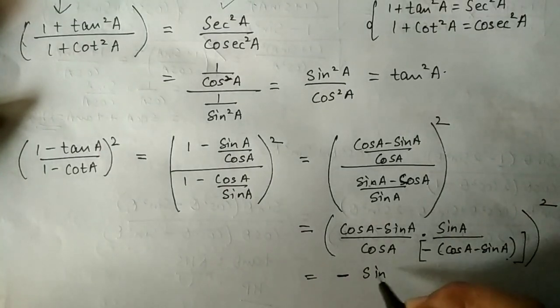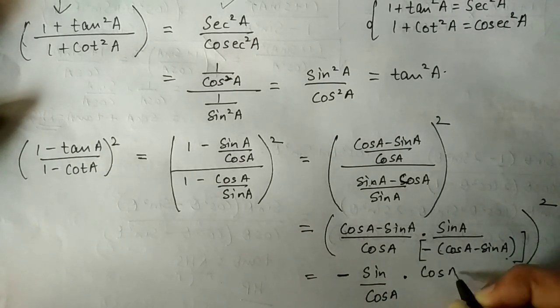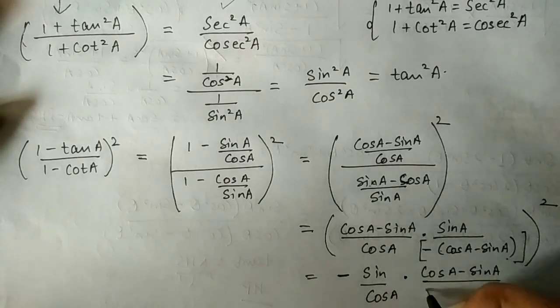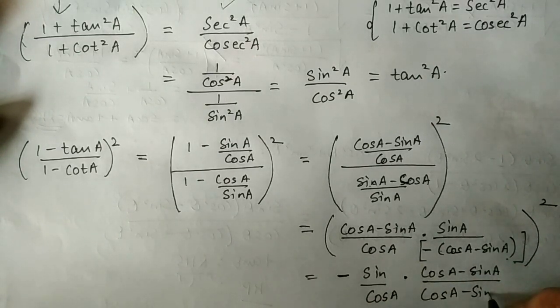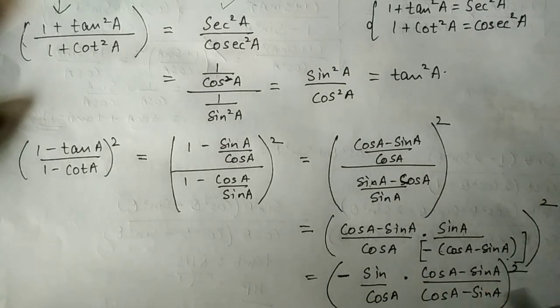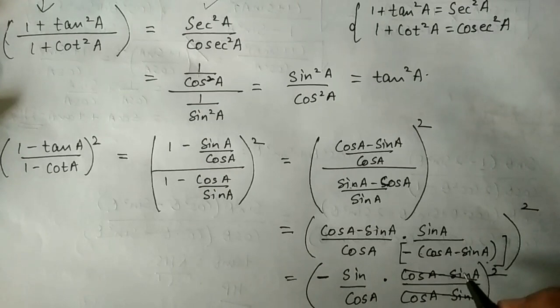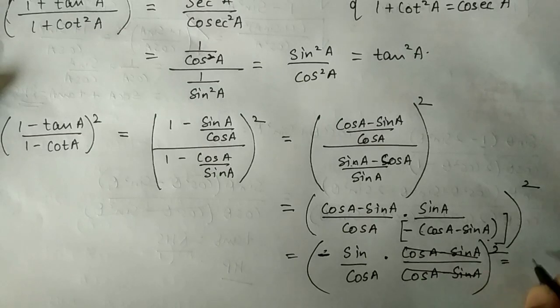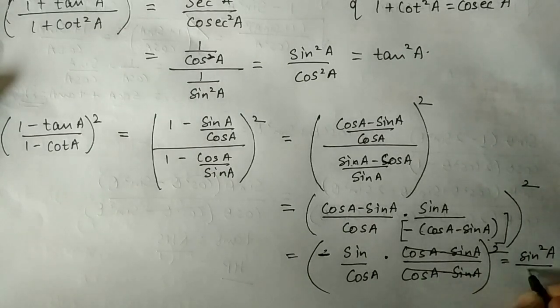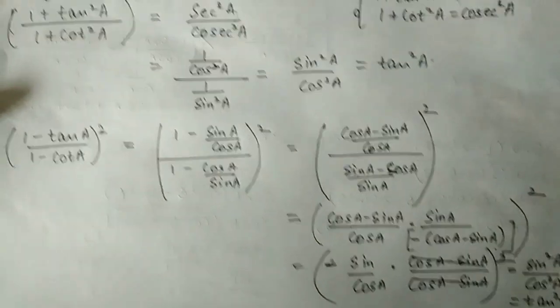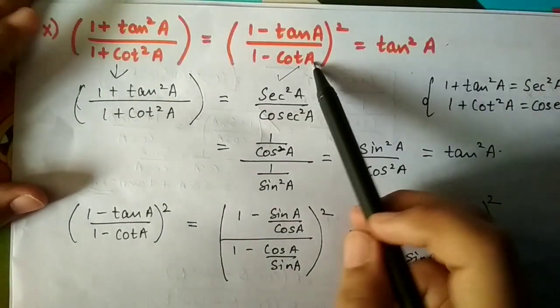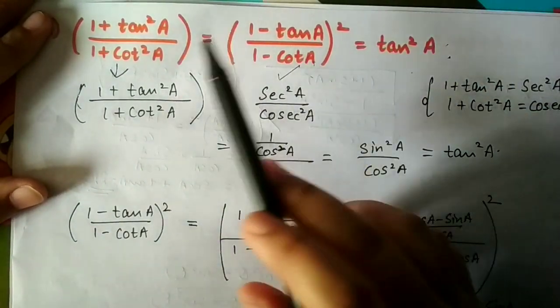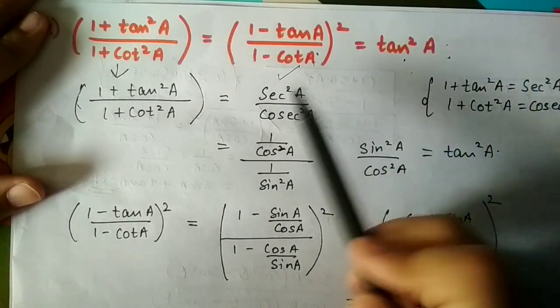So you have sin A upon cos A into cos A minus sin A upon cos A minus sin A whole square. So from here cos A minus sin A will cancel, and since the square is there the minus sign will become positive, so this will become sin square A upon cos square A, that is equal to tan square A. So as this term is equal to tan square A and this term is equal to tan square A, at last you write this is equal to this is equal to this, hence proved.